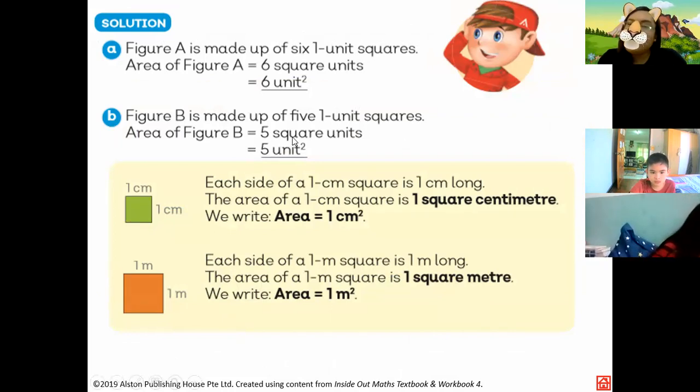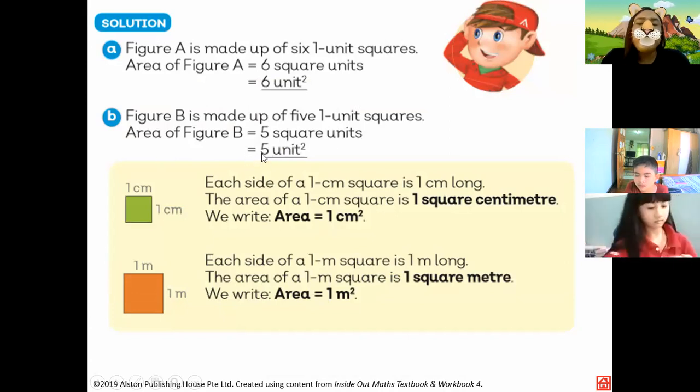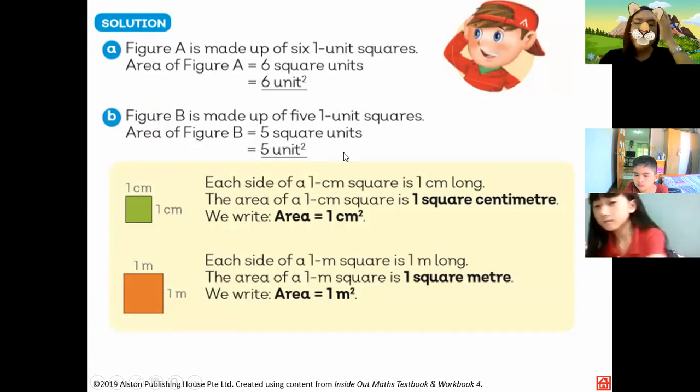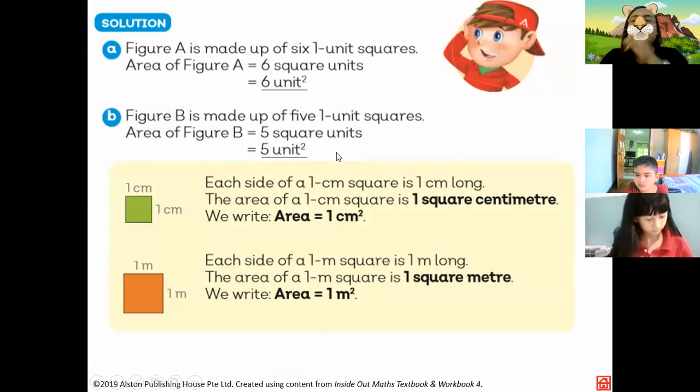It's very easy. You just have to write area of figure B is equal to 5 square units. Or you can also write 5 unit square. Do you understand this? Okay, I will give you another example now.